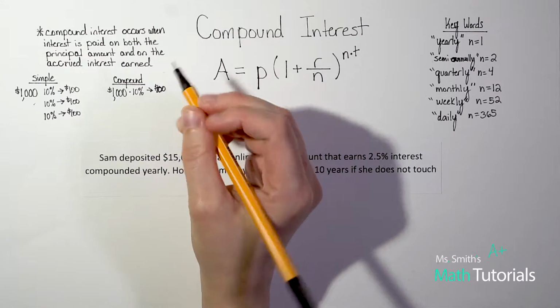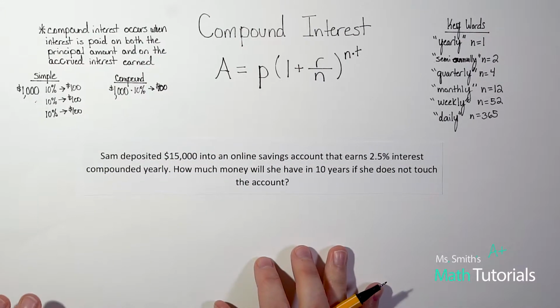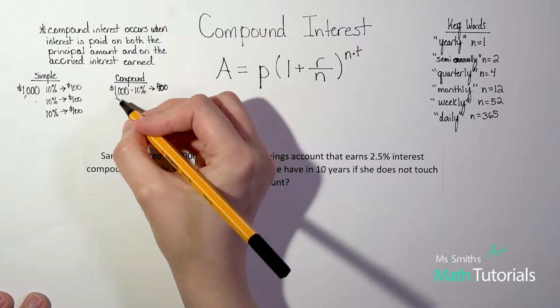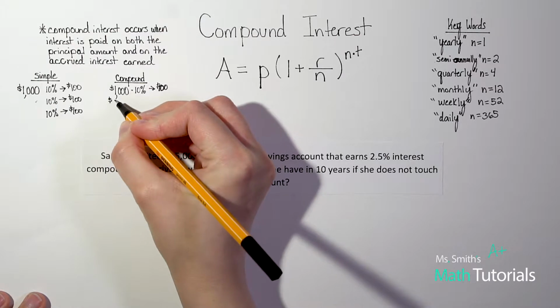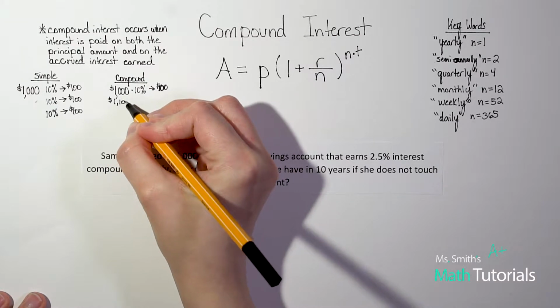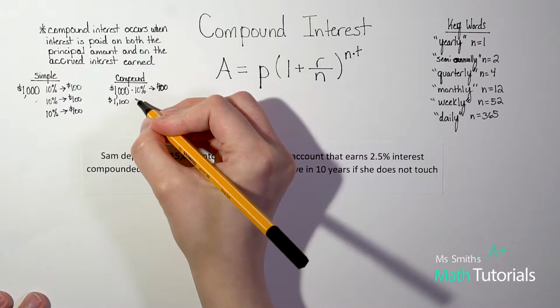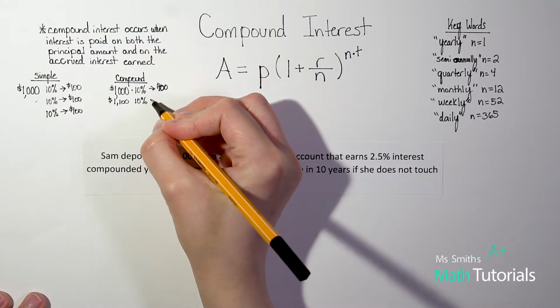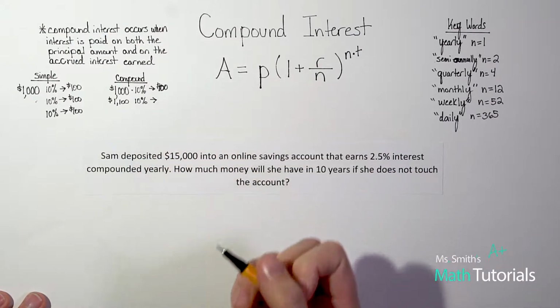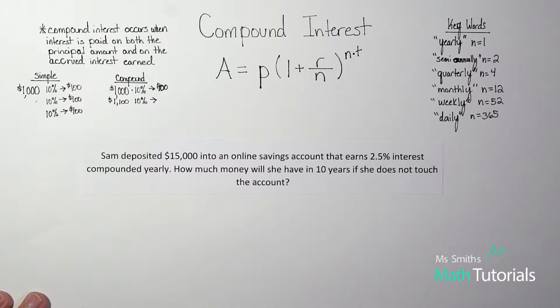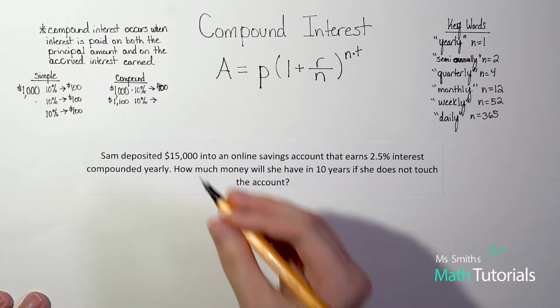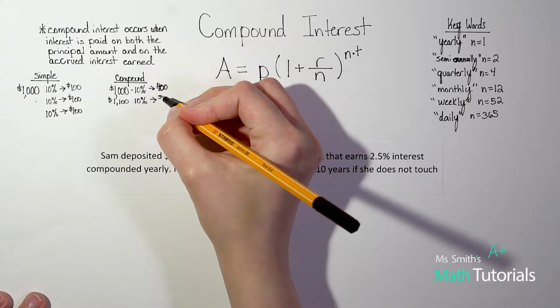So now it's not just $1,000, it's earning 10% interest on $1,100. And that gets 10% interest. So $1,100 times 10% would give me $110.